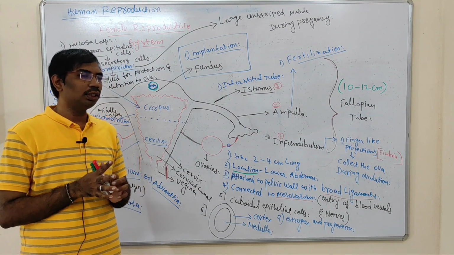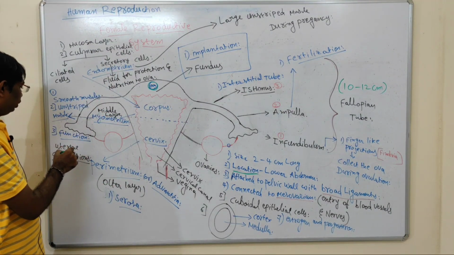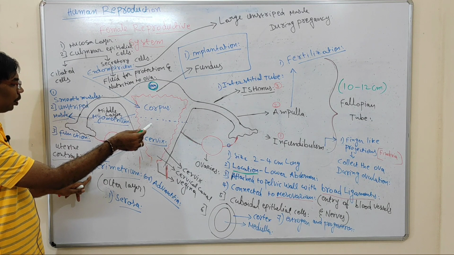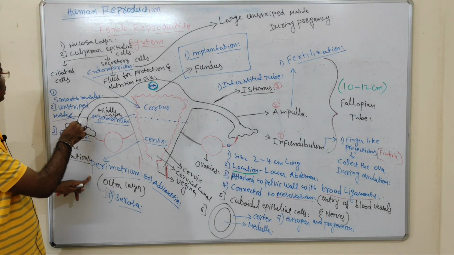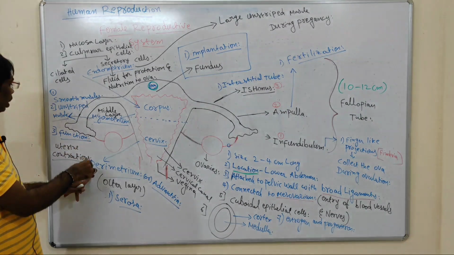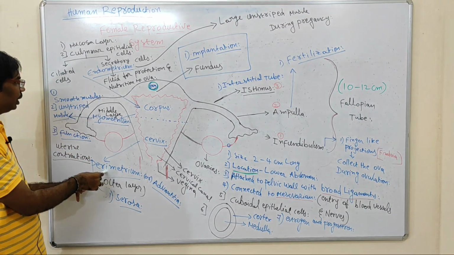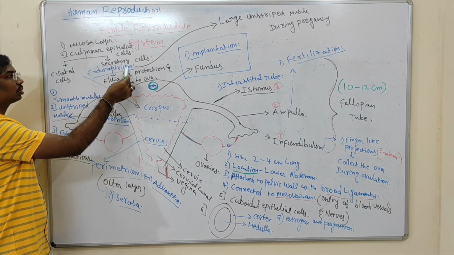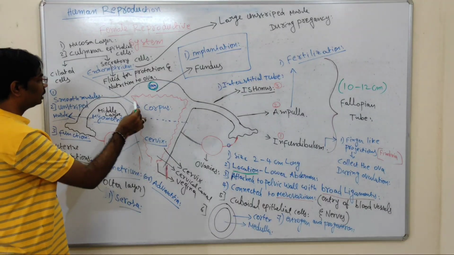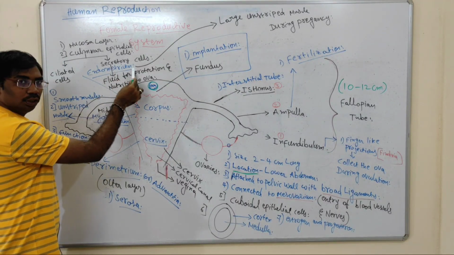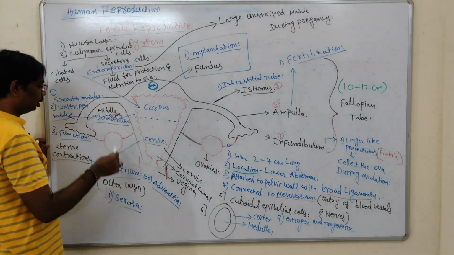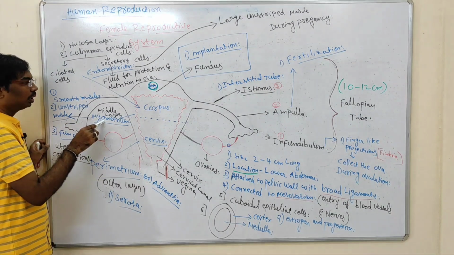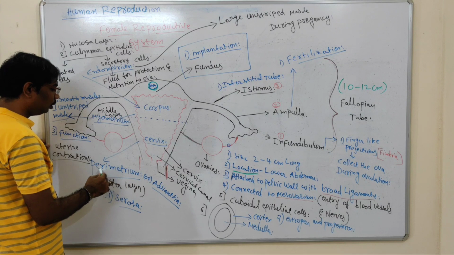The innermost layer of the uterus is called the endometrium. The middle layer of the uterus is called the myometrium, and the outer layer of the uterus is called the perimetrium.